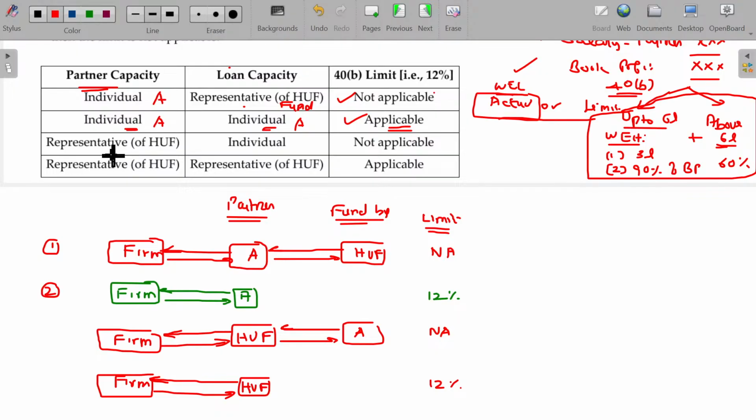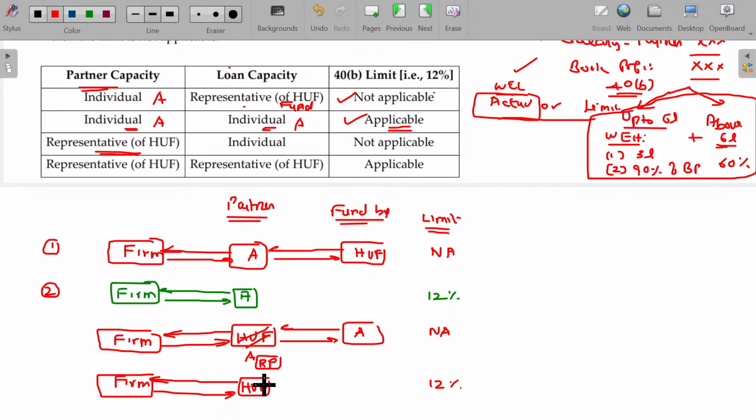In case of representative of HUF, rather than HUF, signed by A, though signed by A, he is not depositing his own fund, he may be acting as a representative person for the HUF. Is that okay? Similarly, sign. How can you sign? In a partnership firm, if you are the partner, you need to enter into an agreement, and in the agreement you have to sign, right?